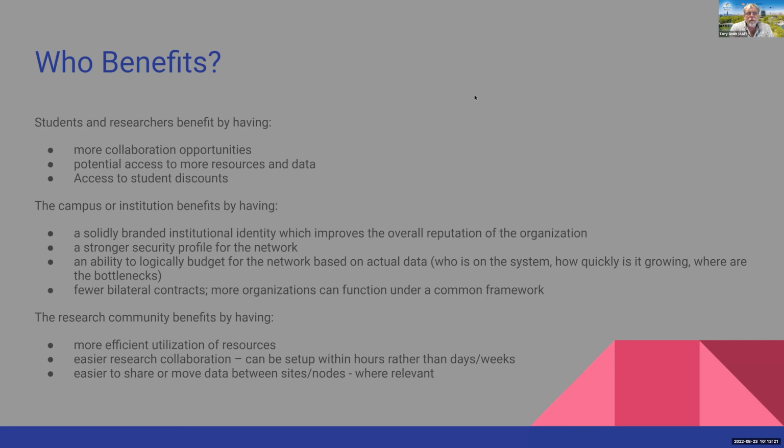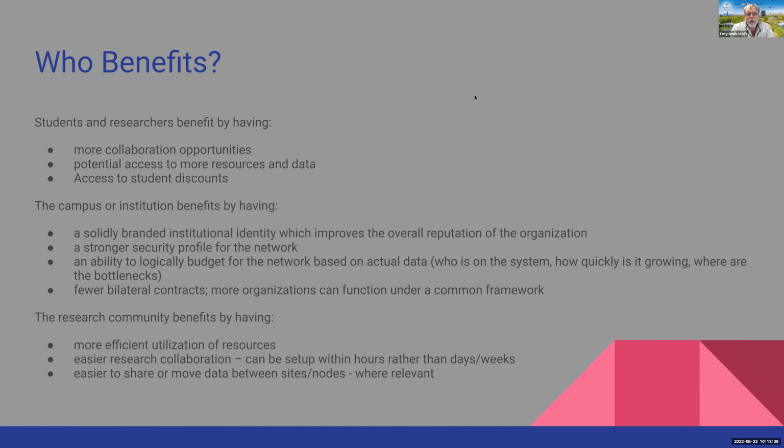The campus or institution benefits by having a solidly branded institutional identity, which improves the overall reputation of the organisation. A stronger security profile for the network, so they've only got one place for attack, so they can really strengthen that one.